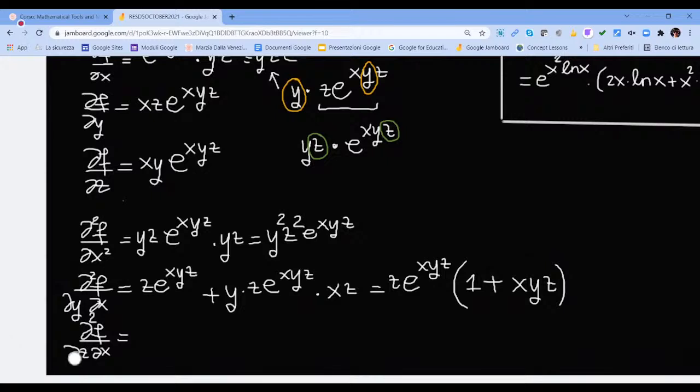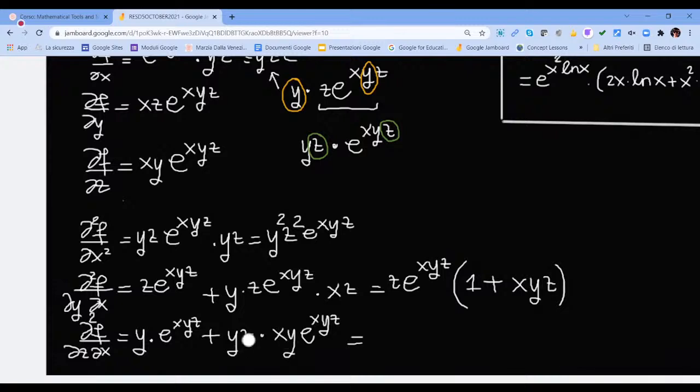Okay. So let's write it as the derivative of the first term is 1 times y, and we multiply by e to the xyz, and then we have to sum everything as it is in the first place times the derivative of e to xyz. That is, again, xy e to xyz.